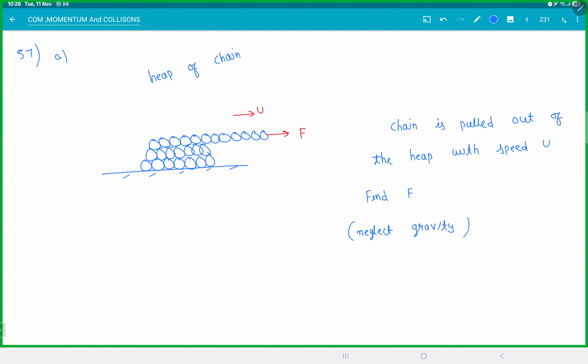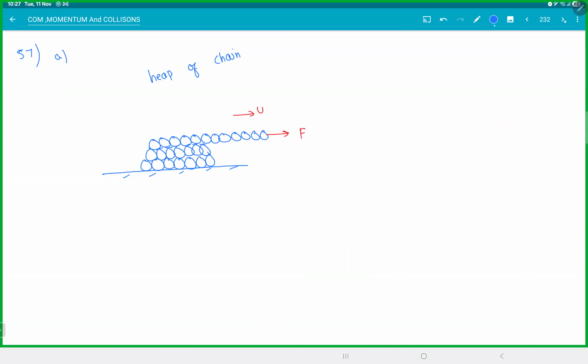Let's see how will we do this. See, you can use that formula and do.